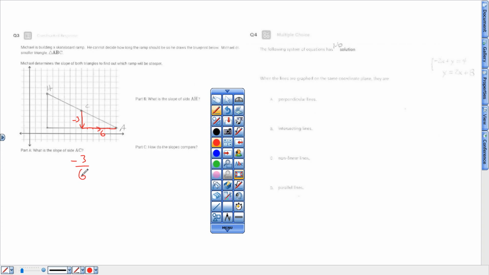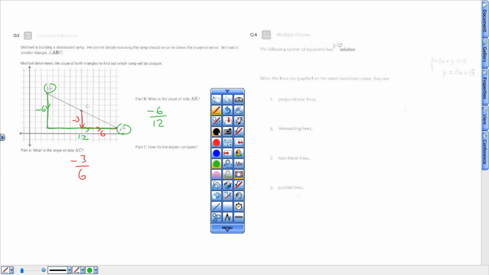If I want to find the slope from A all the way to H, I'm going to look at going down, looks like 1, 2, 3, 4, going down 6. And then going right, looks like I'm going right 12. So if I put those numbers together, that would be -6 over 12.